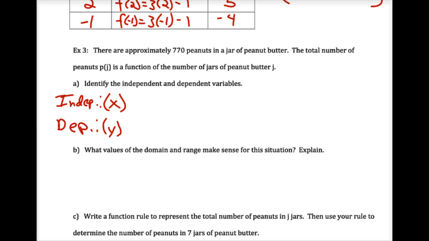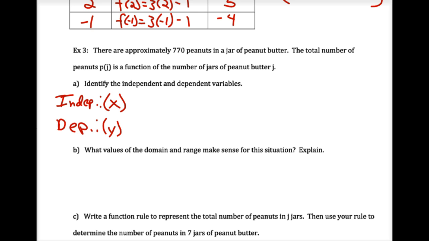Peanuts depend on jars. Which way? Either way. Peanuts are dependent on jars. No, jars depend on peanuts, because without the peanuts, it's going to be an empty jar. Wait, here's my question. Without the jars, then there's no peanuts. You can just put it on the floor. No, no, this is a good way to think about it.